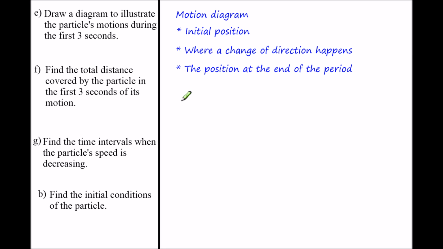From studying the initial conditions that we looked at earlier, remember that s of 0 was 1 centimeter to the right of the origin, and v of 0, the velocity, was 12 centimeters per second.